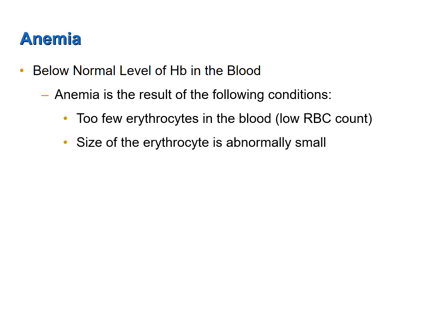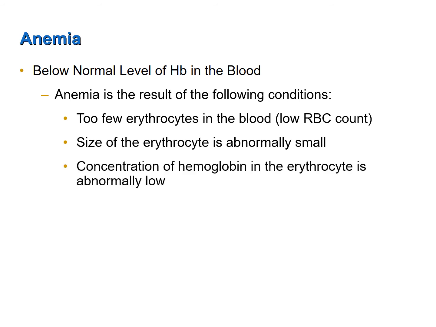You can have a situation where the erythrocytes are abnormally small and therefore don't hold as much hemoglobin or oxygen as a normally sized erythrocyte. Or you can have a situation where you have normal levels of red blood cells, normal sized red blood cells, but the concentration of hemoglobin is abnormally low.